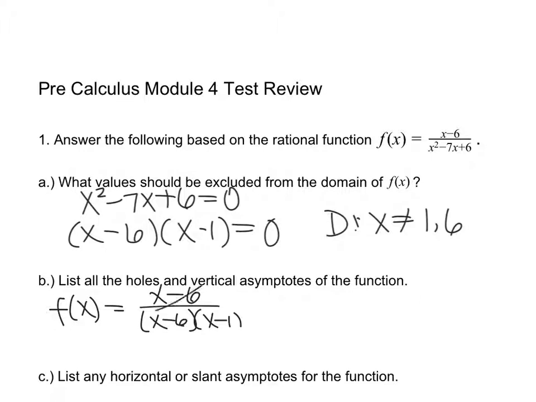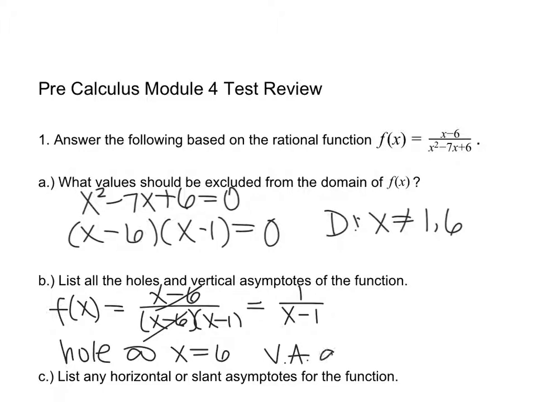We have a common factor that cancels out of the numerator and denominator to give us 1 over x minus 1, which means we do have a hole, and it's at the x value that makes what cancels 0, so that would be at x equals 6, and our vertical asymptote is going to be at the x value remaining in our denominator to make it 0, which would be x equals 1.